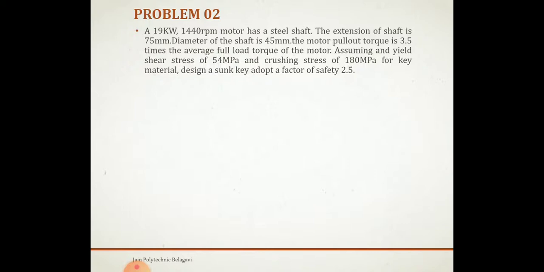The motor pull-out torque is 3.5 times the average full load torque, that is T max is 3.5 times the T mean. Assuming a yield shear strength of 54 megapascal and crushing stress of 180 megapascal for the key material, design the key. Adopt a factor of safety of 2.5.